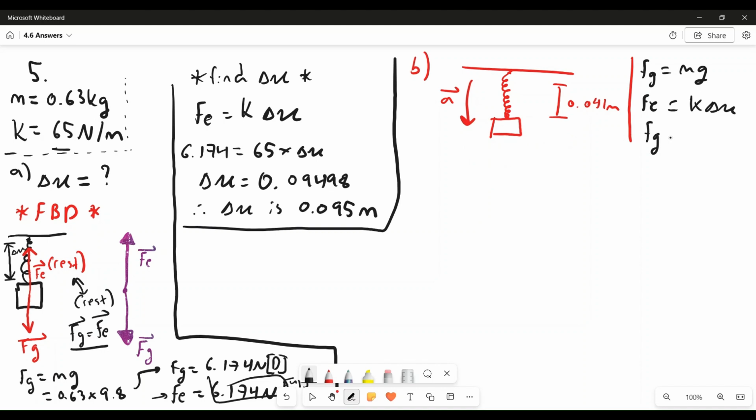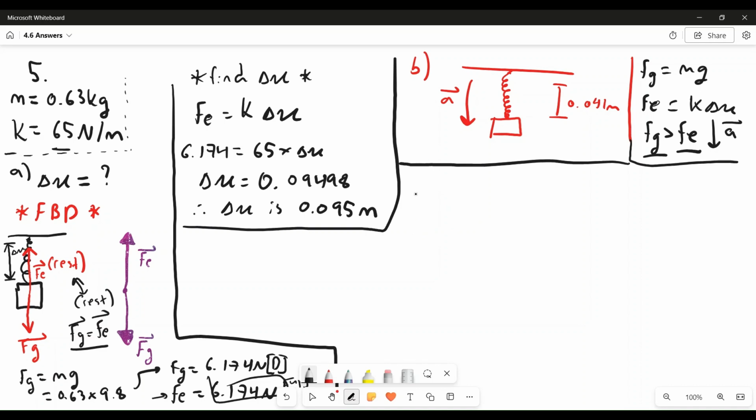So the force of gravity would be greater than the force that's keeping it up, because it's moving downwards, because there's acceleration happening downwards, meaning that the work that gravity is doing is greater than the work that the elastic force is doing.